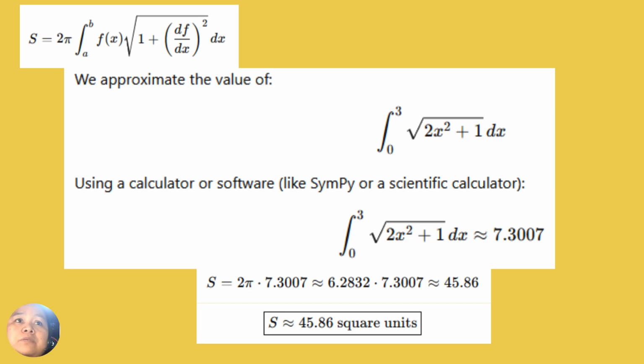Using the calculator, the approximate value of the integral of the square root of 2x squared plus 1 dx is 7.3007. If we multiply it with our 2 pi, 2 times pi is 6.2832, multiplied by 7.3007, that would be approximately 45.86 square units.